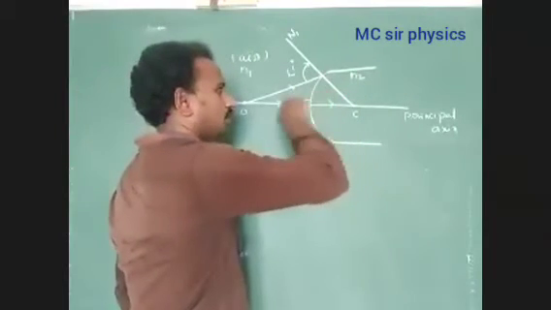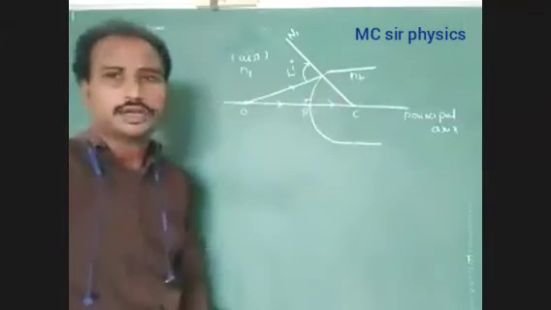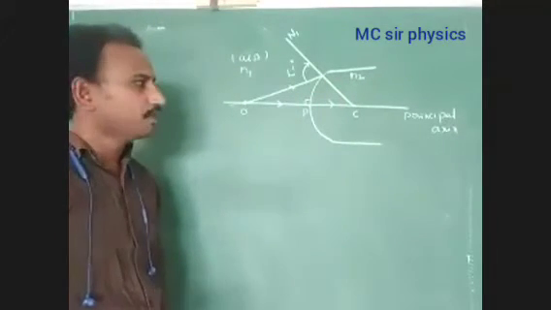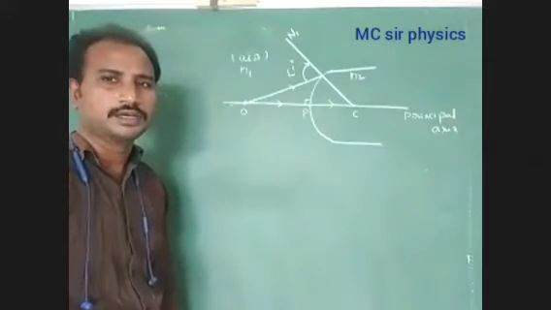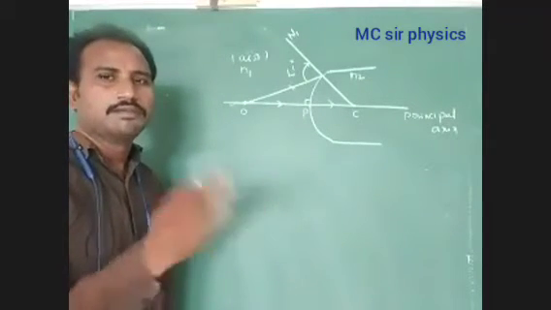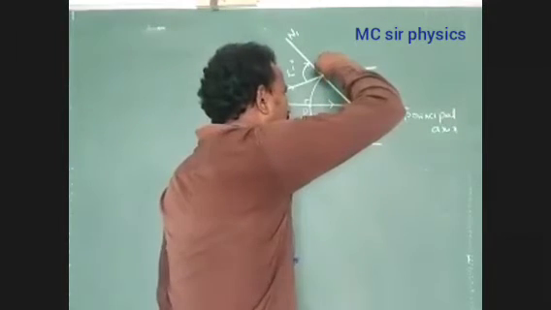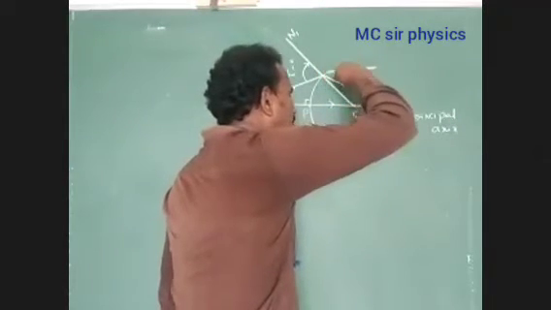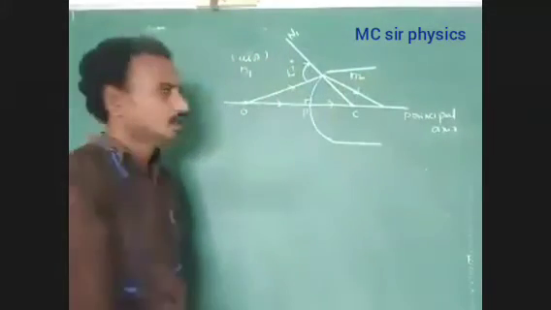Here the incident ray travels from a rarer optical medium to a denser optical medium. If any ray of light travels from rarer to denser optical medium, the refracted ray bends towards the normal. So we represent the refracted ray bending towards the normal.